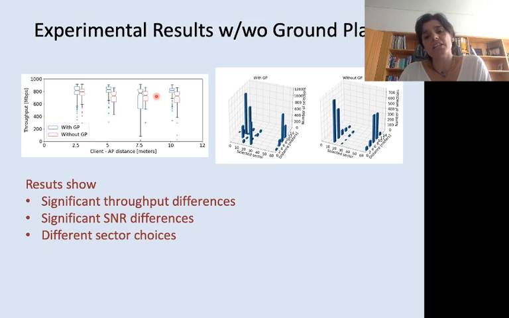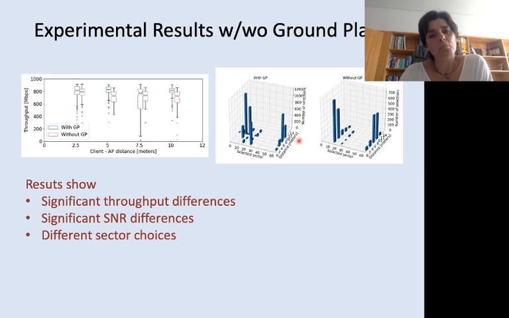Now, we also looked at the sector choices, although these are the aggregate sector choices, for all distances. This is the distribution of chosen sectors. And you can see that without the ground plane, it's very steady, and you actually only use 3 sectors, and it changes a bit with the distance, but it's pretty similar throughout.